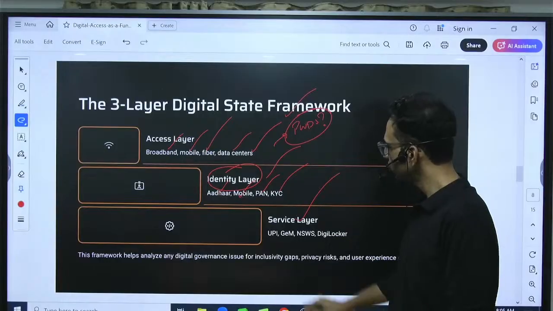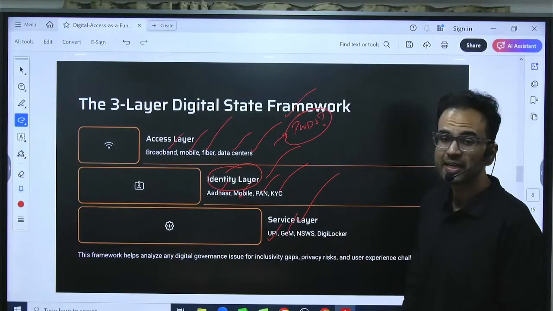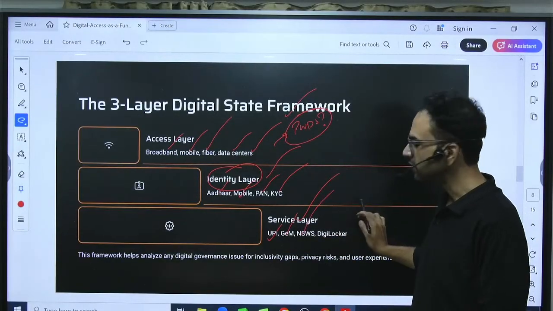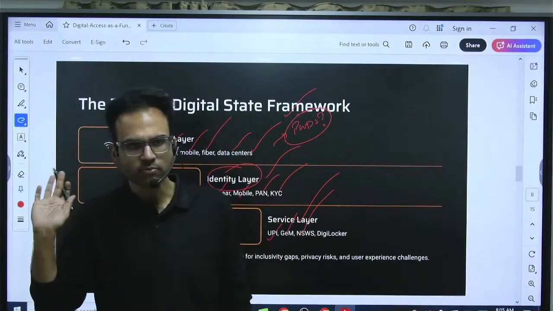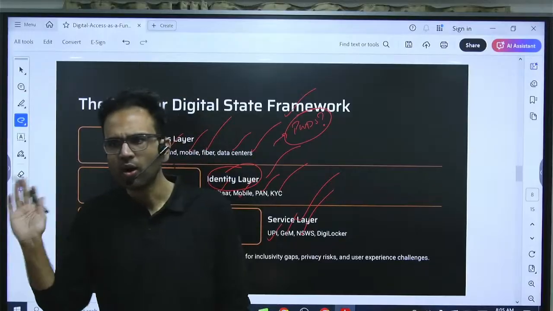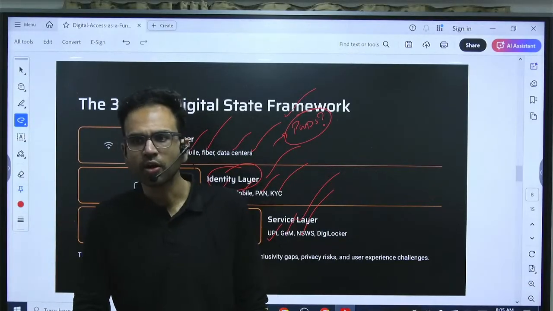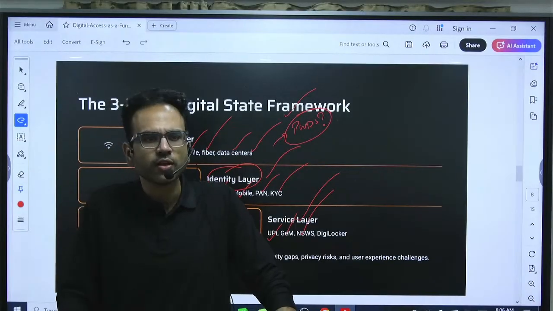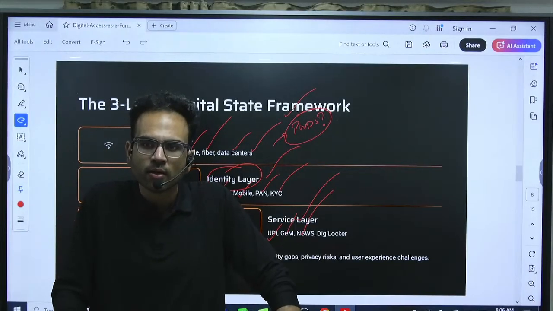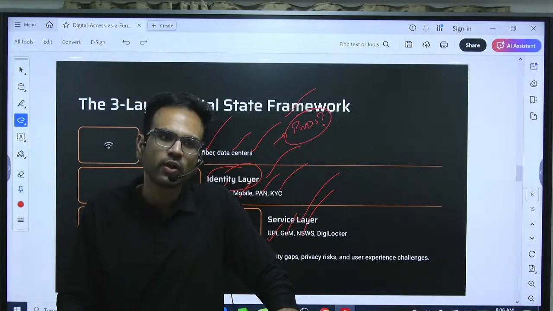Service layer. You have UPI, government e-marketplace, other kinds of services like DigiLocker, etc. Let's say an entrepreneur who is differently able wants to approach the government and avail a one-stop solution like a single window clearance program.